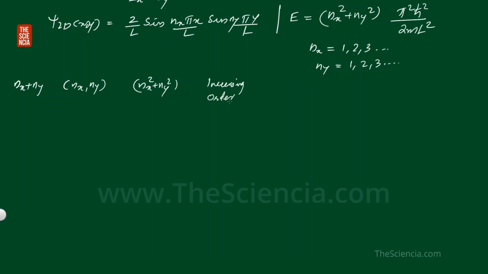The next one is the energy E, equal to nx square plus ny square into E, where E is the state energy unit. Then the wave function psi of x y, and the last one is degeneracy.